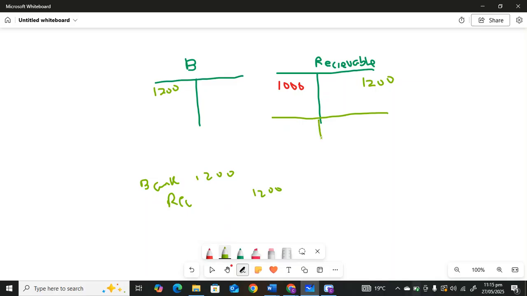So in actuality, I'm owing them 200. Yeah. You're owing a receivable 200 because they've paid you over. All right. So what are you going to do to remove this 200 from the receivable account so that the receivable account becomes zero?